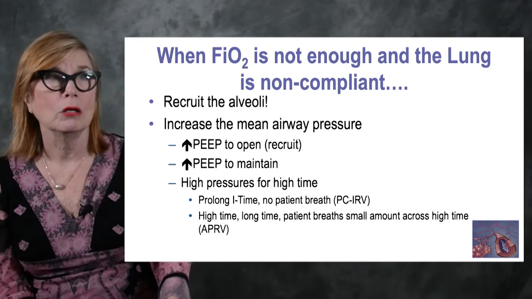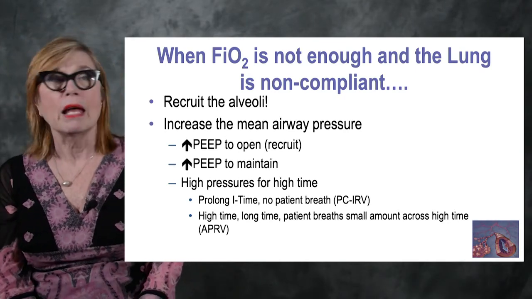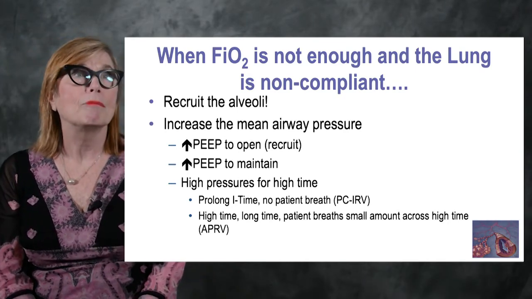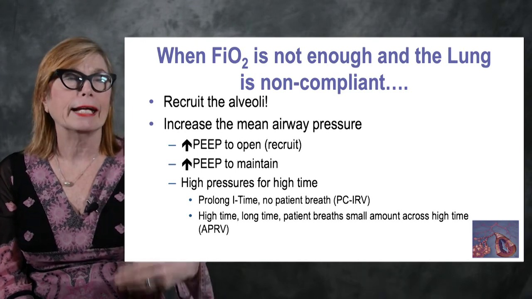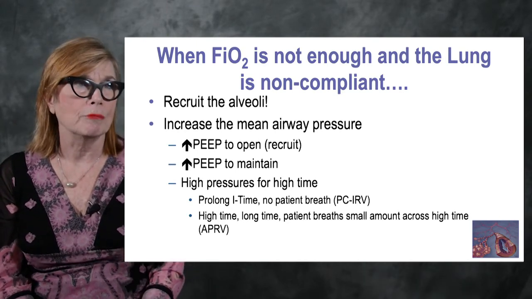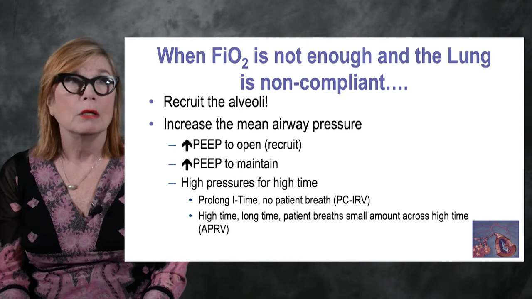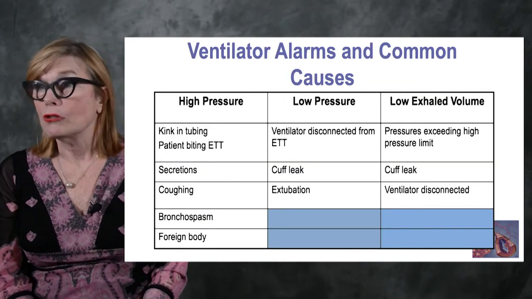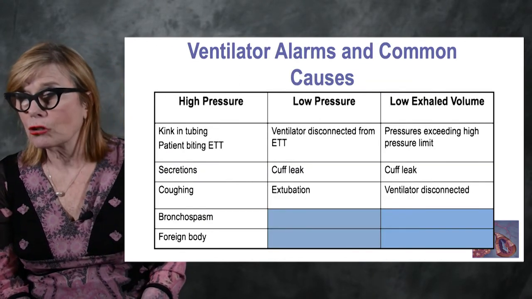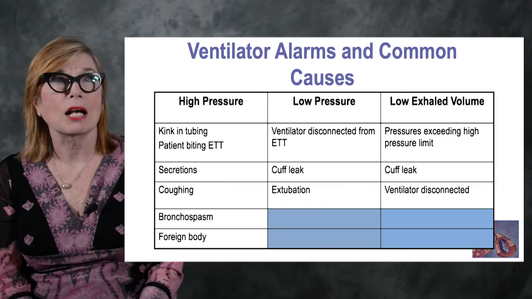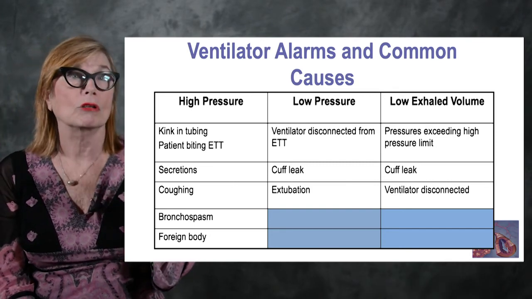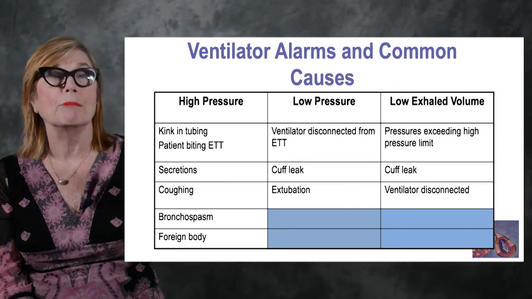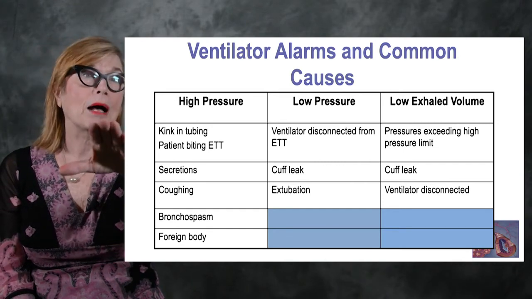Nowhere is that going to be more true than in the basic understanding of pulmonary, cardiac, hemodynamic evaluation in a critically ill patient. Just as a last adage, to remind ourselves that we have lots of ventilator alarms. They can be high pressure, they can be low pressure, and they can be about volume.